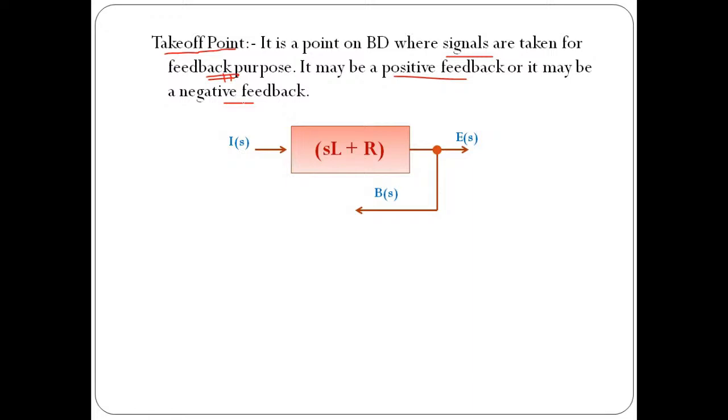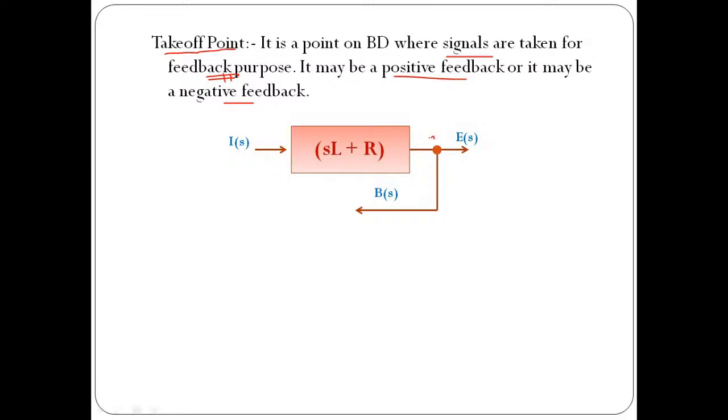For example, if you see this structure, here we have a block and inside that block we have mentioned some parametric function which is nothing but SL plus R. To this we provide some input in the form of I of S and we get output in the form of E of S. Now suppose we want to take this output for feedback purpose.